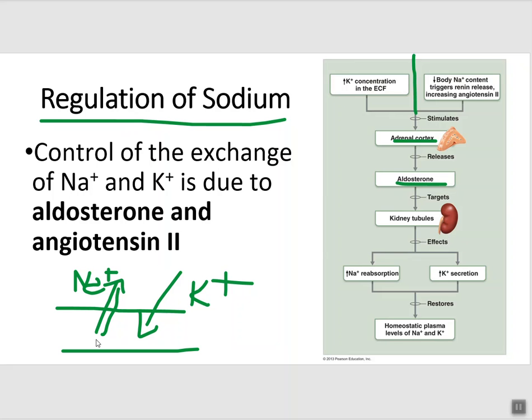In the kidney tubules, we're going to bring sodium out and put potassium in, and of course, chloride is going to follow. If I bring sodium out, then water is going to follow. Water follows salt. So basically, at this point, I'm going to reestablish my sodium levels, or if it's too much potassium, I'm going to reestablish them within the homeostatic ranges.